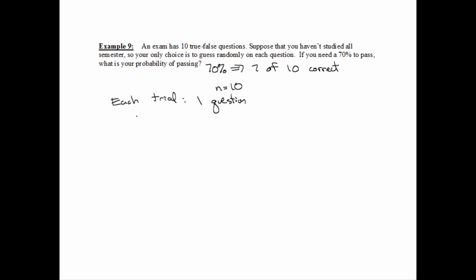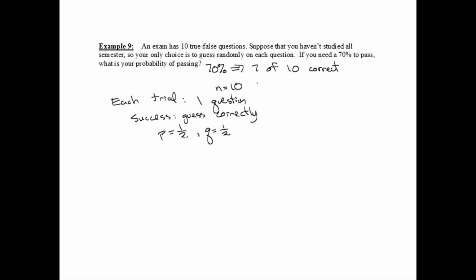Probability of success will be that you guess correctly. And if you truly are guessing randomly rather than making educated guesses, then your probability of success will be 1/2. And your probability of failure will also be 1/2.